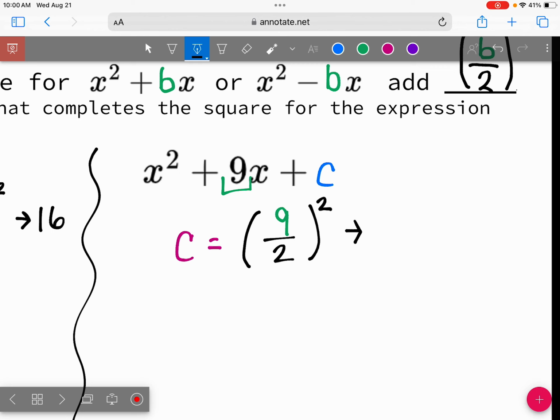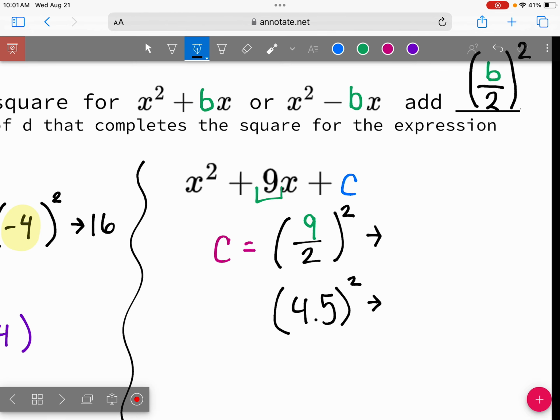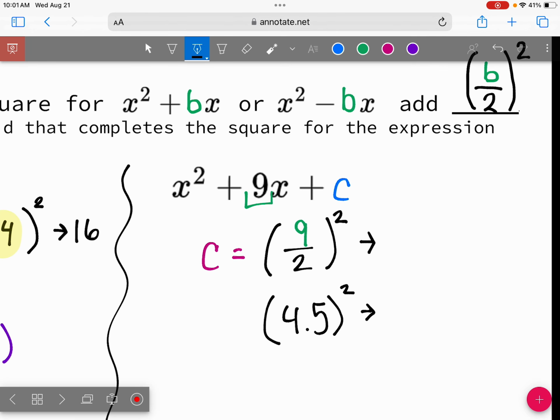What is 9 over 2 squared? Yes. So 16.25 if you're switching to decimals, if you do this as 4.5 squared. I think that's right. That sounds right. Yeah, 16.25.